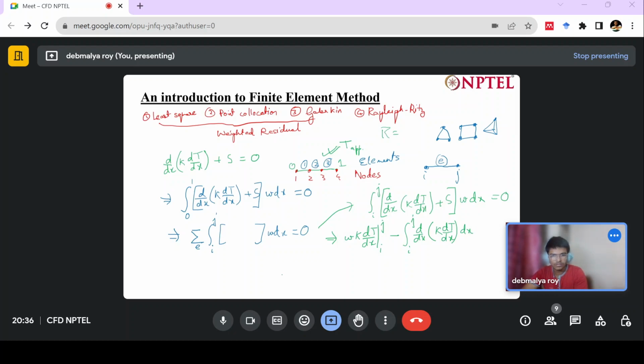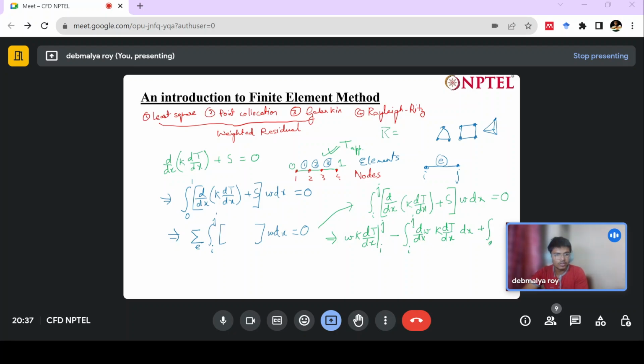Wait, this is not required. There will be a W. So this is our bilinear term, plus our linear term will be there.